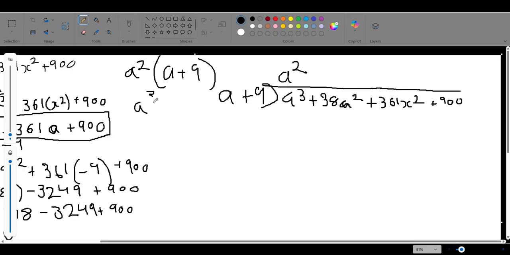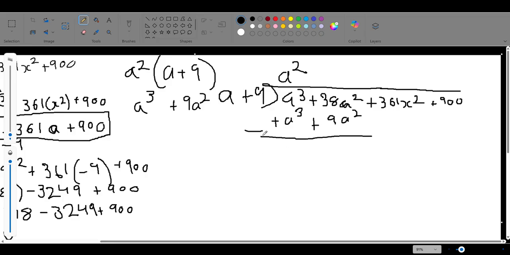So it'd be a cubed plus 9a squared. A common thing to remember when you do polynomial division is you always keep the signs here because there's an important next step that's coming. A cubed plus 9a squared.